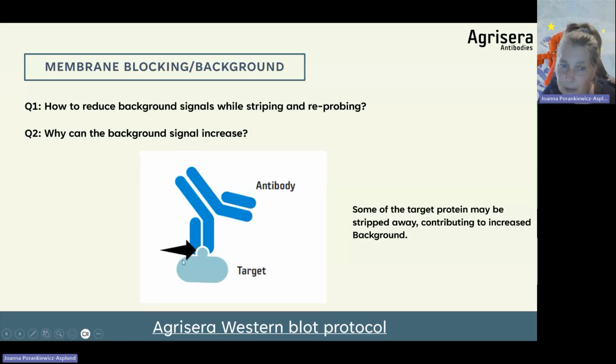Because we have a target protein on the membrane, and when we are stripping, we want to release the primary antibody from the target, but we may also wash away the target from the membrane. So when we are stripping, especially for proteins of low abundance, we will decrease the amount of target protein on the membrane. Therefore, the signal-to-noise ratio will be changed, the signal may be weaker, and therefore the background becomes higher.